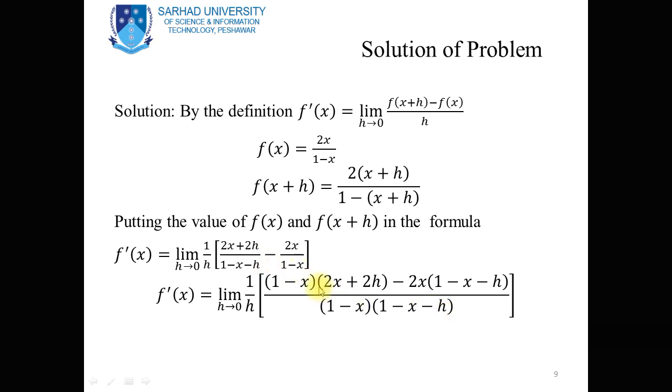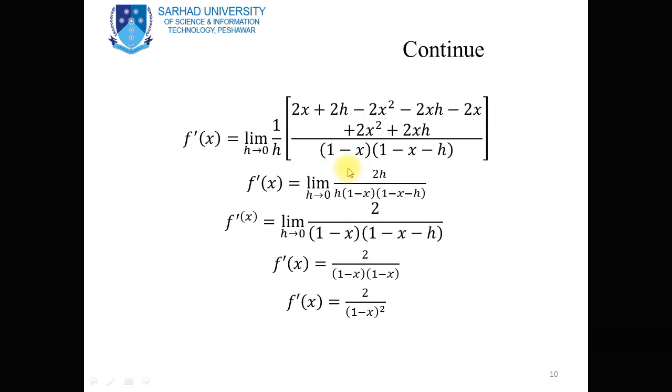Now multiply these two terms and these two terms, and you see over here we obtained the derivative of the function, limit h tends to 0 of 1 over h into 2x plus 2h minus 2x square minus 2xh minus 2x plus 2x square plus 2xh. Plus 2xh and minus 2xh cancel, minus 2x square plus 2x square cancel, 2x and 2x cancel. We obtain only one term in the numerator.